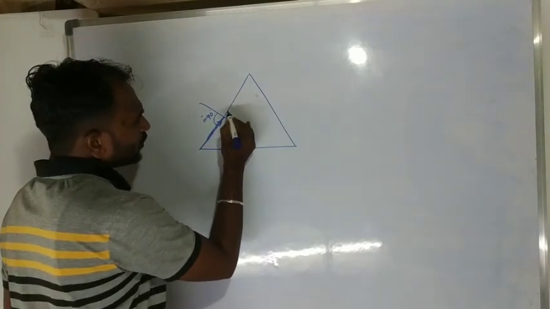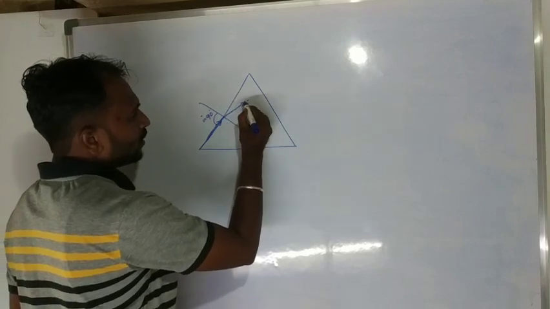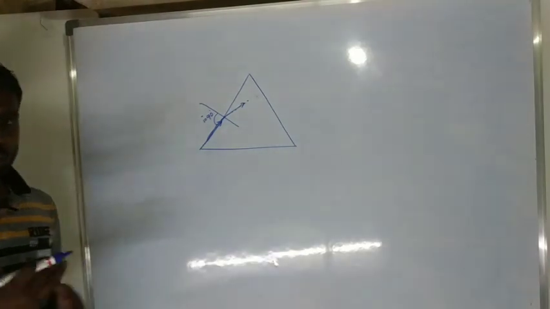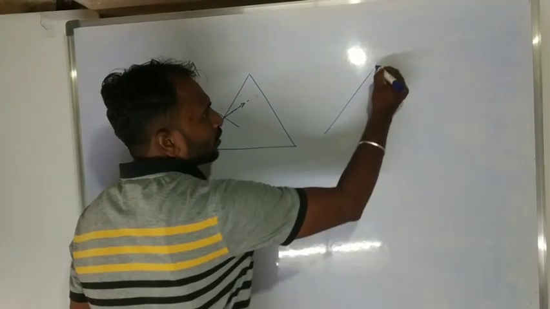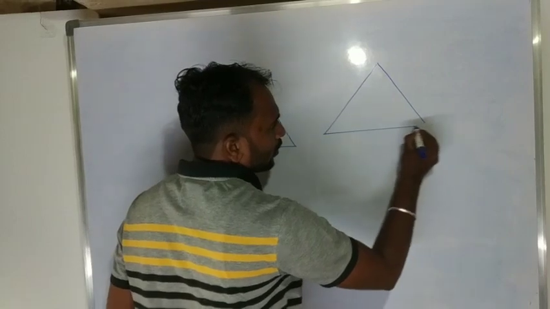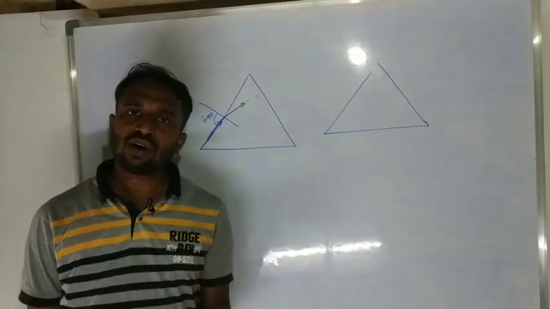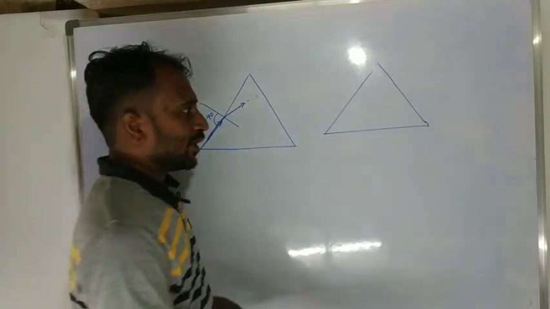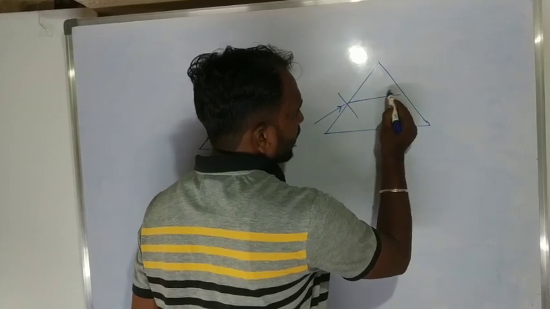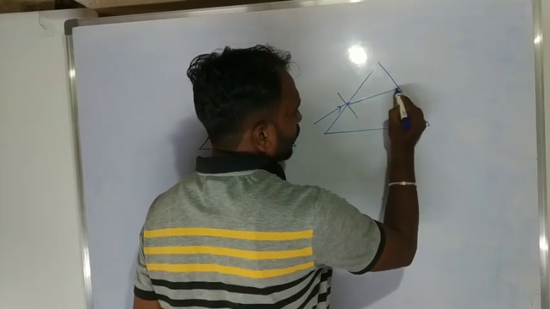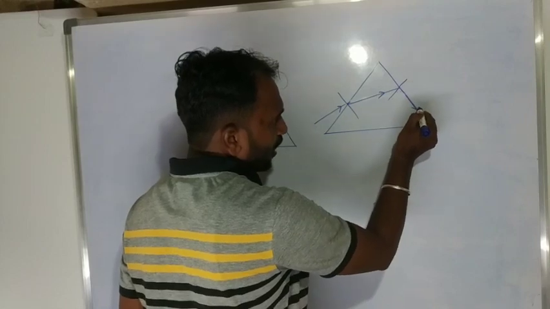Then the light ray is refracted, and afterwards emerges. Now for the grazing angle of emergence: this is the incident ray, this is the refracted ray, and here we get the emergent ray.